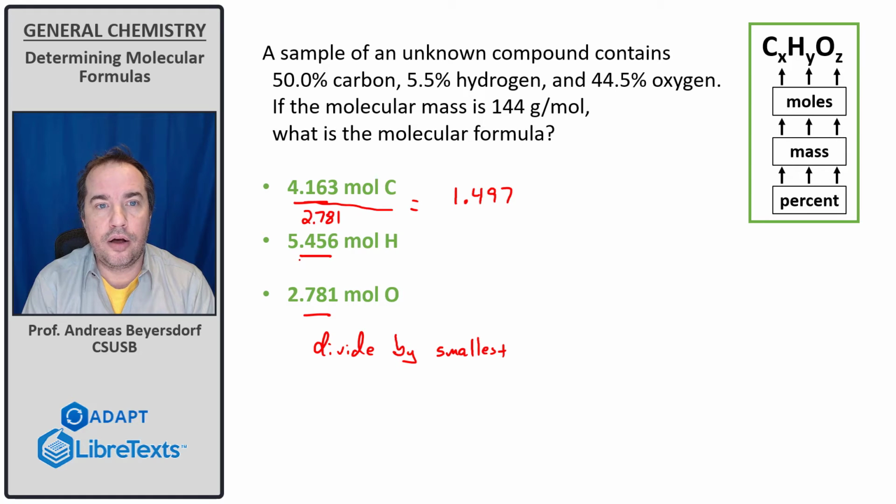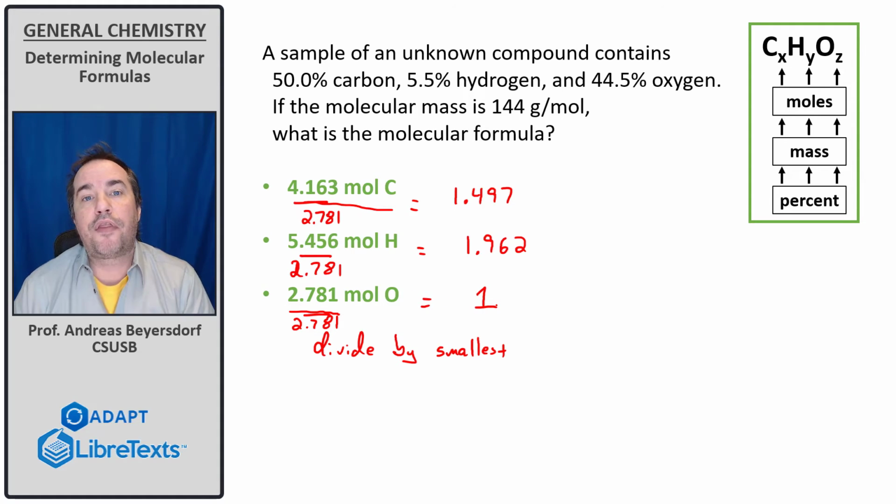I divide 5.456 by 2.781, and that's going to give me 1.962. And then I do the same thing for my oxygen. Obviously, 2.781 divided by 2.781 is 1. So now I have three numbers. Now, one of these obviously is a whole number, but notice the other two.